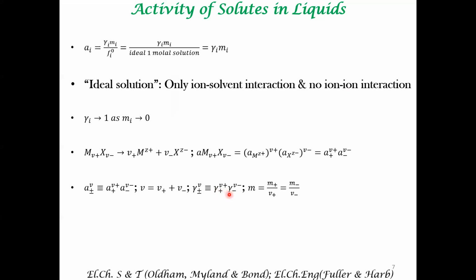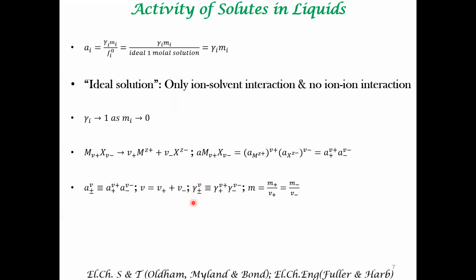As I said, you cannot quantify these experimentally as separate anion and cation, although some theory and simulations can be done where you introduce just the anion and just the cation. Even when you do that, there's no corresponding experiment to compare with. You can only compare when you have both gamma plus and gamma minus. Only when you have both of them, you can have a model for the mean ionic activity coefficient.